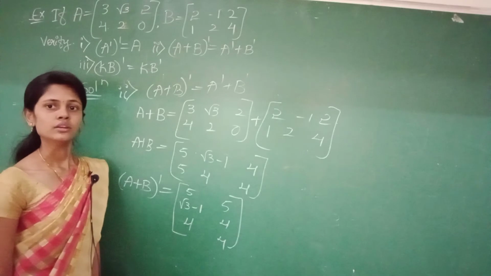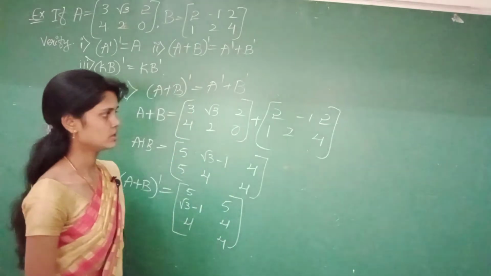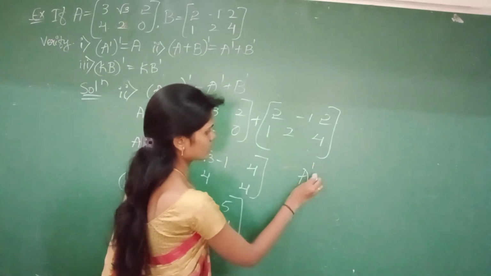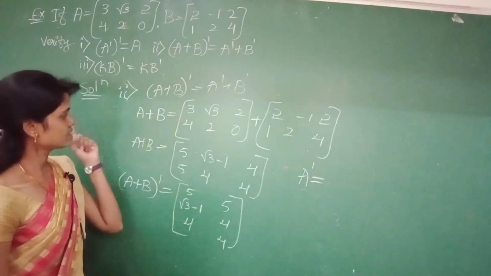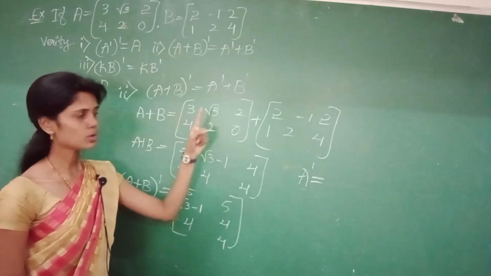And in the RHS, what we have? A' + B'. So write down first A' here. What is A? It is [3 root 3 2; 4 2 0].